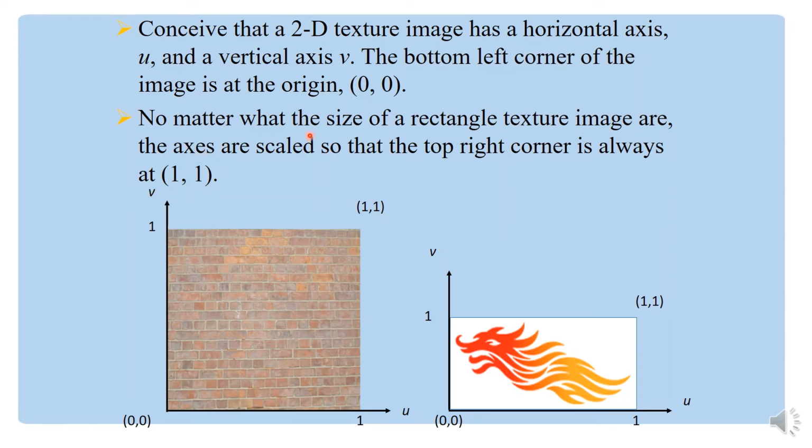No matter what size a rectangular texture image is, the axes are scaled so that the top right corner is always at the coordinate 1 and 1. It doesn't matter how big this rectangle is, the top right is always at 1 and 1.